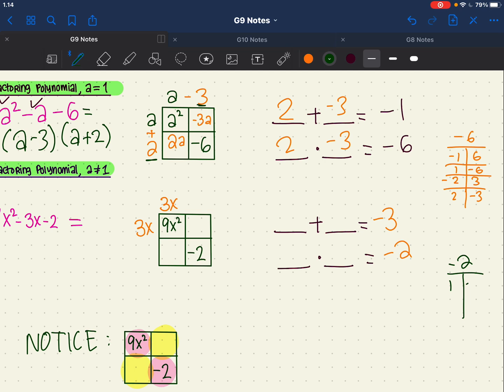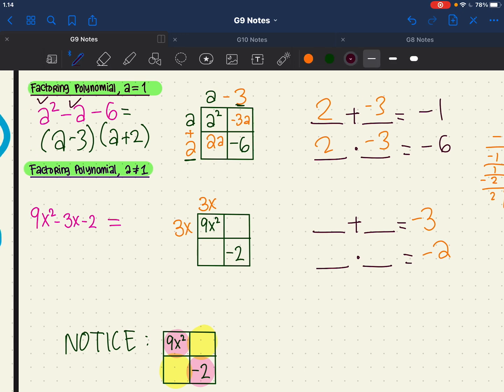We only have a couple options here. 1 and -2 or -1 and 2. And to determine which pair is correct, we're going to try to add them up. So 1 minus 2 is -1. So that's not it. -1 plus 2, that's +1. So we can't really use that method.